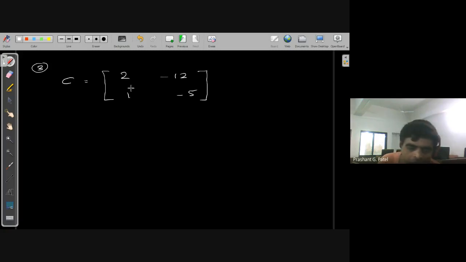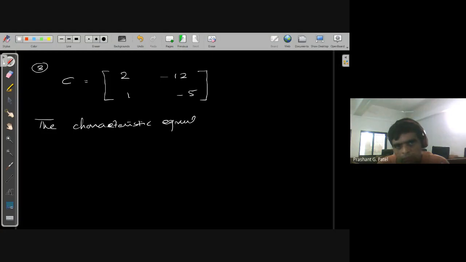See, this is not a triangular matrix, so you cannot directly say what the eigenvalues will be. You should find out what the eigenvalues are for this. For that, we need to find the characteristic equation, or characteristic polynomial, which is |C minus lambda I| equal to 0.